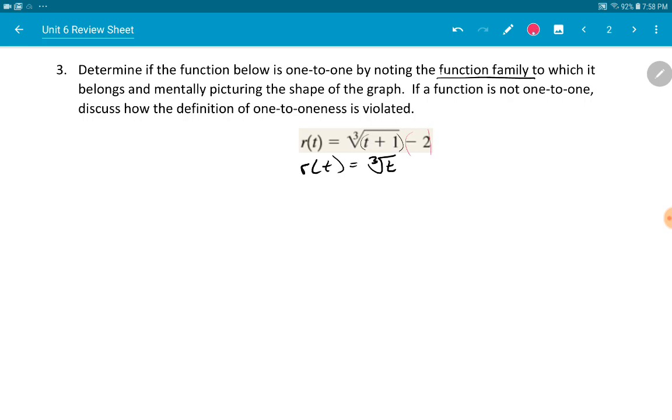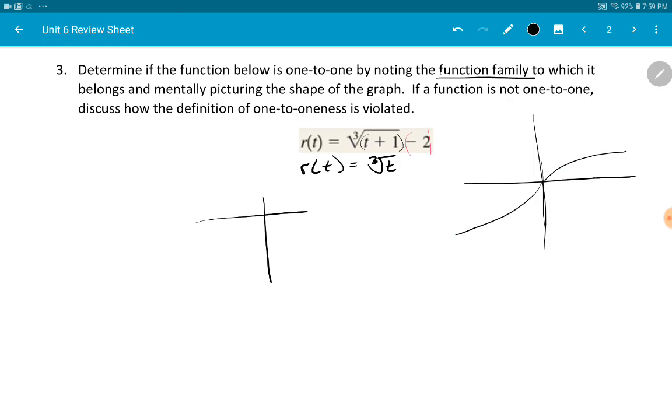So I have in my library of knowledge that is, oh, that's actually cubed root, sorry. That is a cubed root function. Well, what if I don't have that in my library of knowledge and I don't quite remember what that looks like? Then I can always throw a couple points out and try to jog my memory.